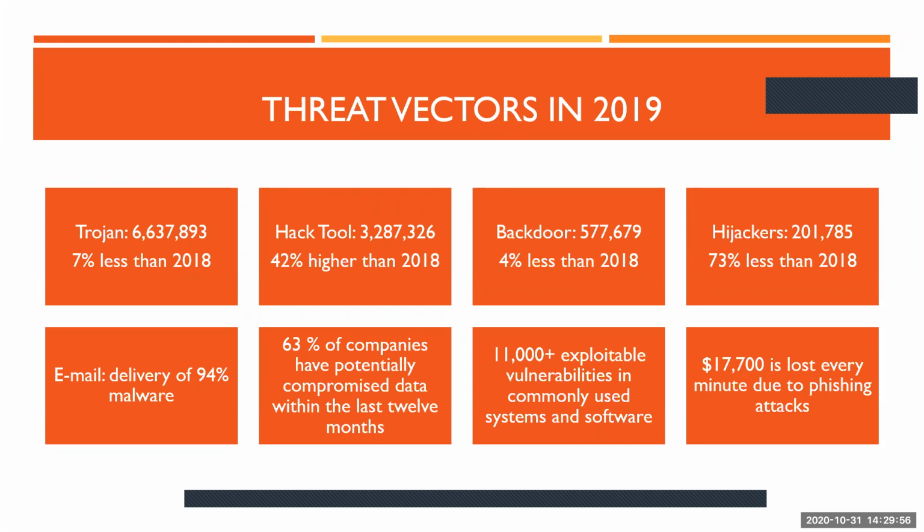And so when we're looking at phishing attacks, and to calculate it out to the dollars, because that's what we do, when we look at loss and potential loss, what is that going to mean to the business? So on average, it's about $17,000 of loss every minute due to phishing.